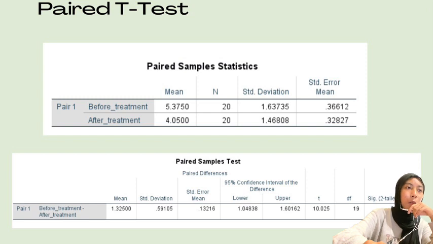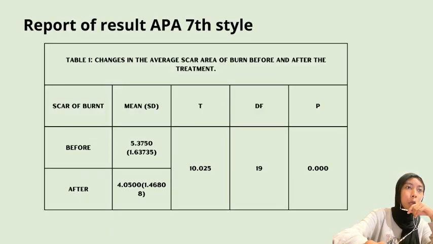Okay, we proceed to the report of results. This one is the changes in the average scar area of burn before and after the treatment. So we put in a table the scar of burns before and after. The mean for before scar of burn is 5.3750, and for after scar of burn is 4.0500.